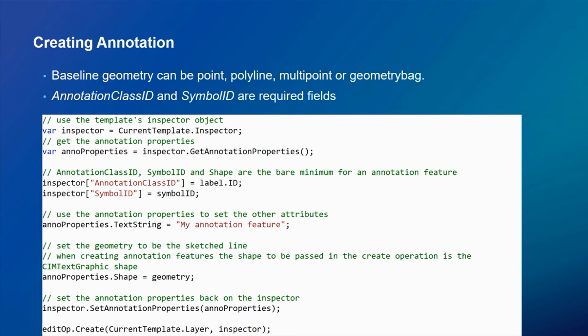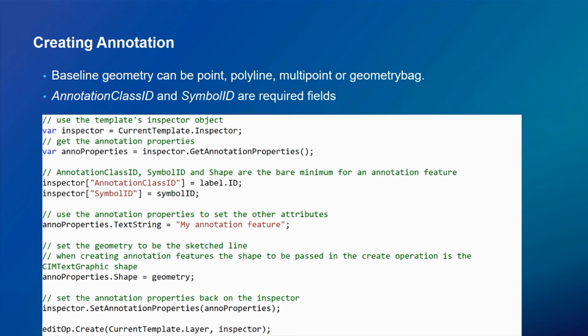So in this particular instance, I have the inspector that's come off of my current template. I've decided to change what those template values are, and so I've got those annotation properties. I've set up a class ID and a symbol ID. I've also changed the text string. I set the shape to be whatever my sketch geometry was coming in. I set those annotation properties back on my inspector, and then I called my edit operation Create using that layer and inspector pair.